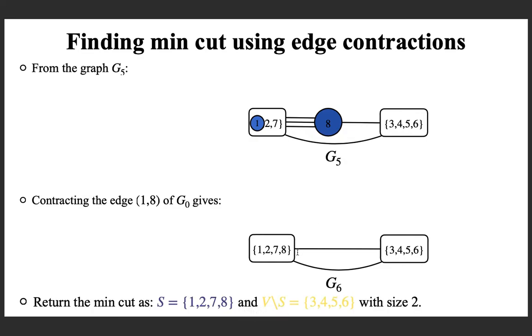And now you can say that there is a cut of size 2. On one side of the cut in the original graph, you have the vertices 1, 2, 7, 8, and on the other side you have the vertices 3, 4, 5, 6.